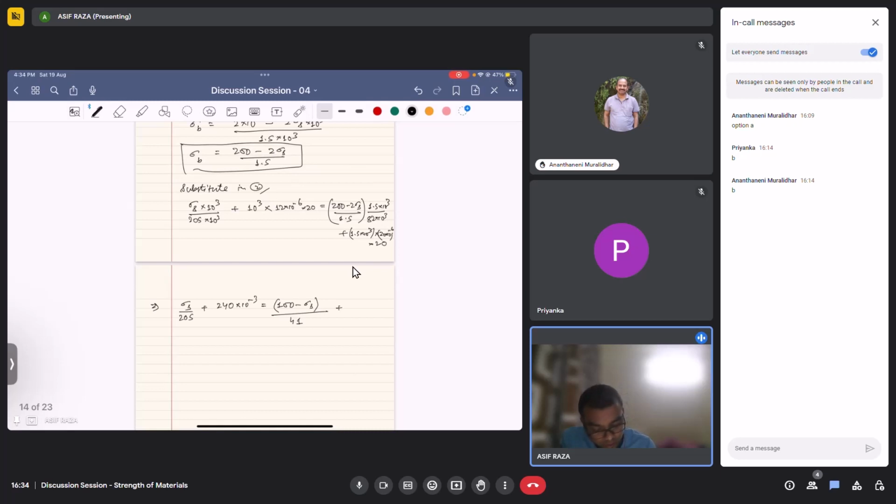This cancels out 10 to the power minus 3, and 20 times 20 is 400, so that would be equal to 600 into 10 to the power minus 3.